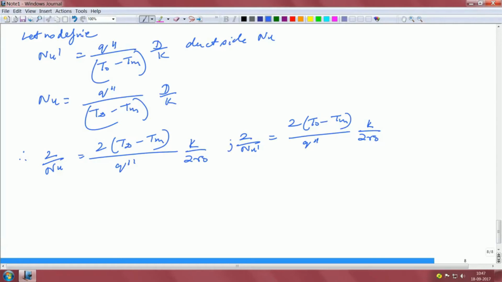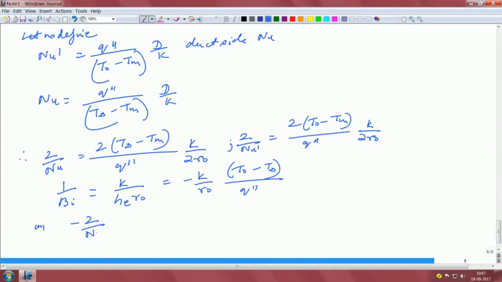On the other hand, your 1 over Biot number is basically k by He into R naught, which is basically k by R naught times (T naught minus T infinity) by Q double prime, or in other words, 2 by Nu prime plus 2 by Nu.